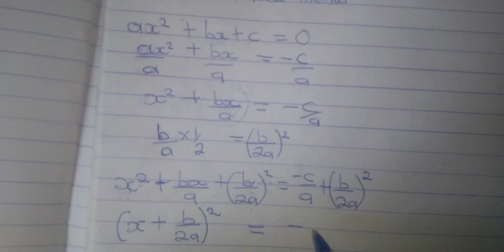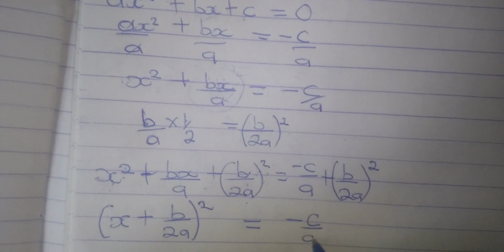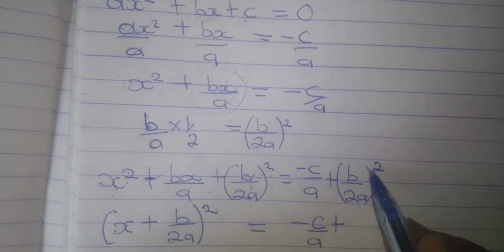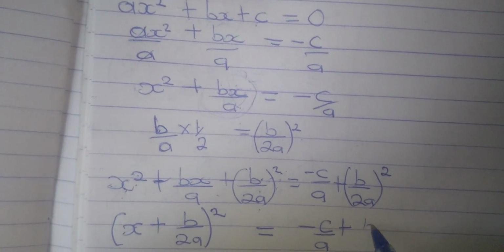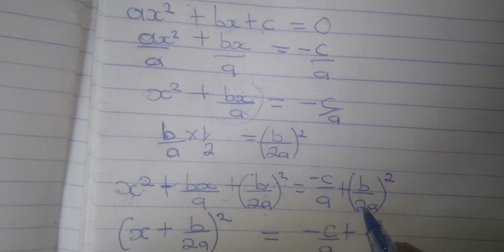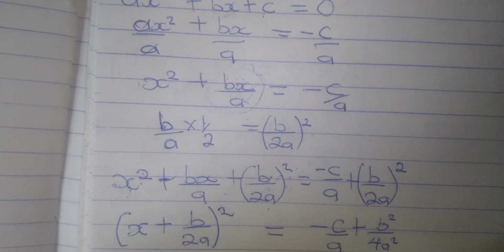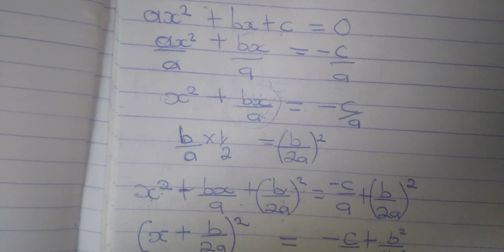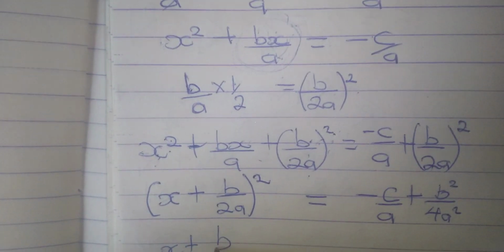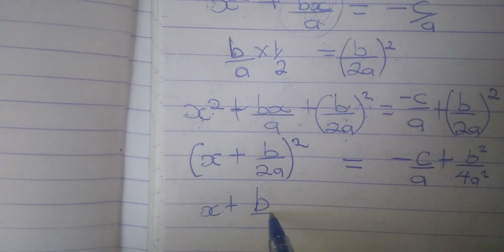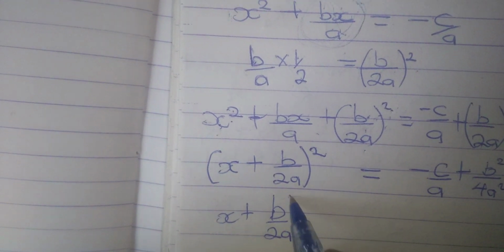So this is negative c over a plus, squaring the b, the square affects everything inside. B squared, then square 2 you get 4, square a you get a squared. So this is x plus b over 2a, squared.